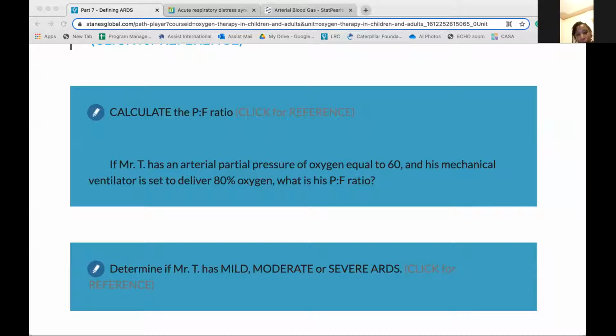And of note, when you're dividing by the FiO2, you're going to put it as a fraction. So if it is 80%, it will be 0.8.